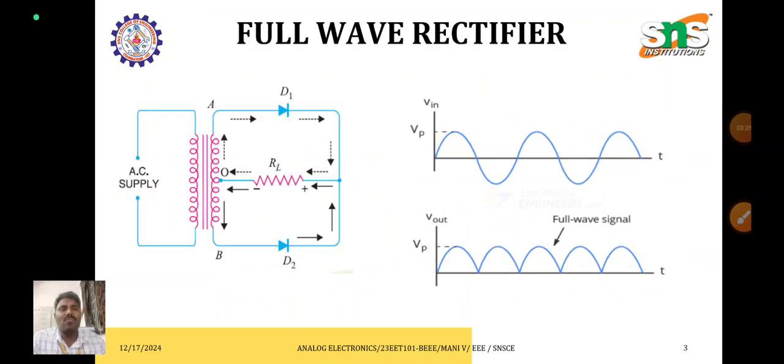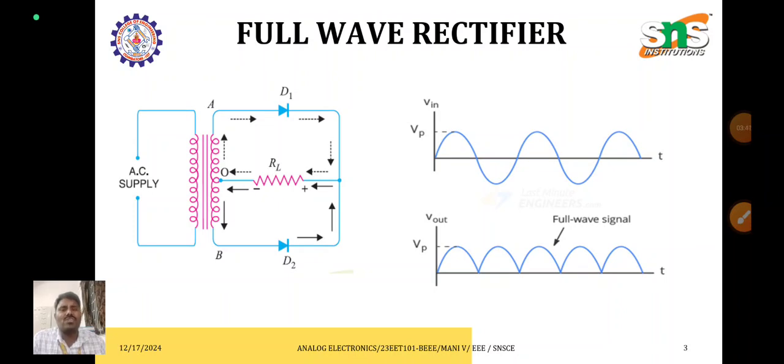So this is the full wave rectifier with respect to center tapping. Here the same high voltage AC is converted into low voltage AC, which is given to the diodes. Here we are using two diodes for the full wave rectifier.